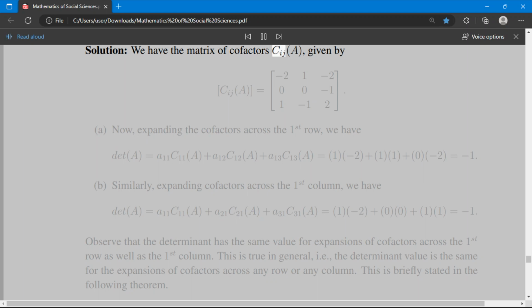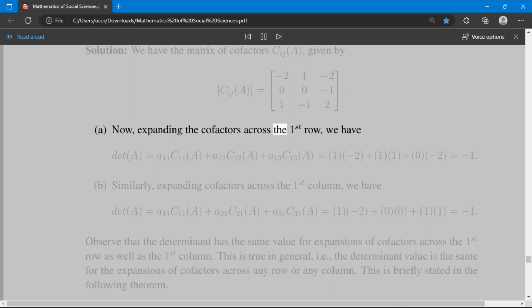Solution: we have the matrix of cofactors Σ(A) given by [-2 1 -2; 0 0 1; 1 -1 2].